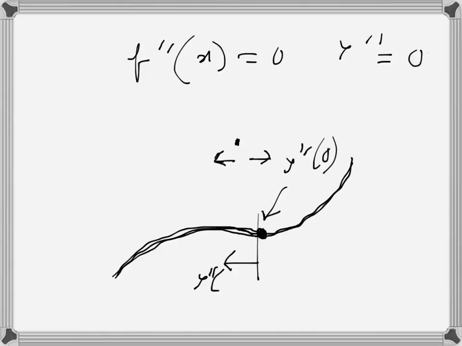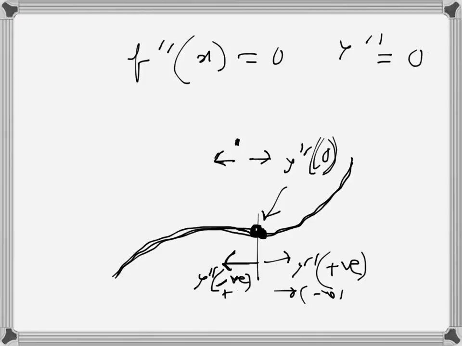If the second derivative here is negative and here it is positive, so the signs are different, then we know this is a point of inflection. So the first criterion is that the second derivative has to be 0, and to the left it's negative and on the right it's positive, or vice versa. If that happens, the curvature is changing from left to right, so this is a point of inflection.